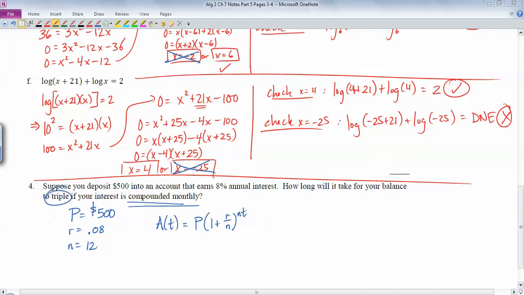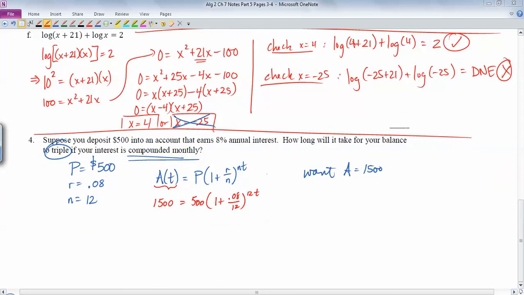And if we want to triple our value, then we want A to be 1500. So I'm going to put 1500 right here, equals what we started with, 500, and then 1 plus 0.08 over 12 to the 12t, and let's solve for t.